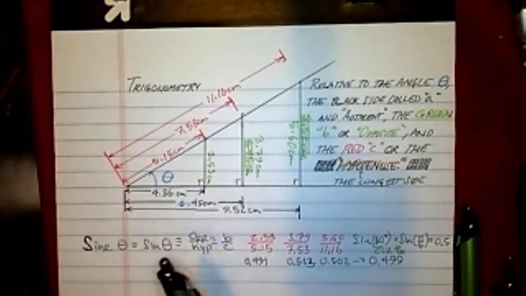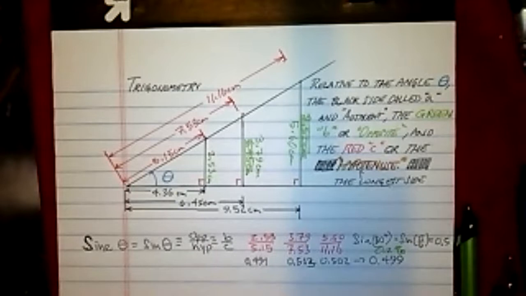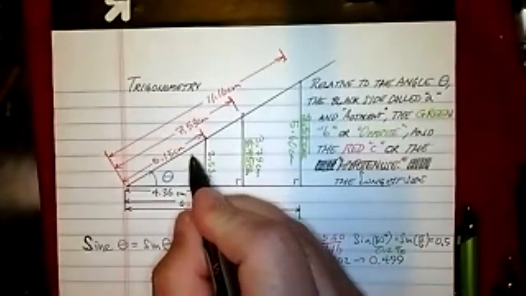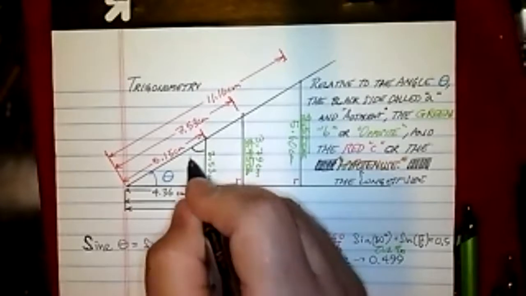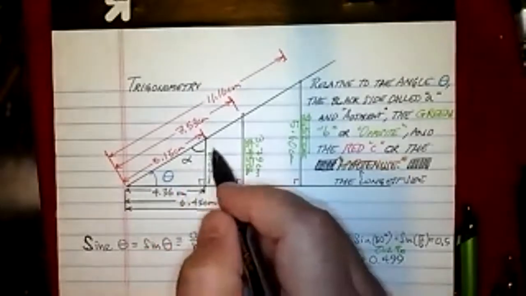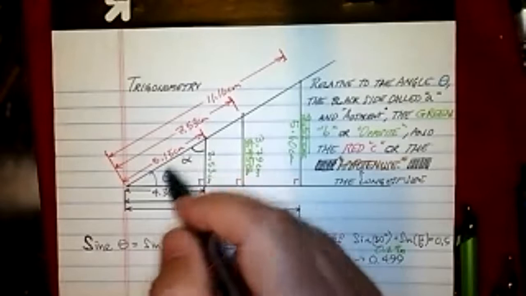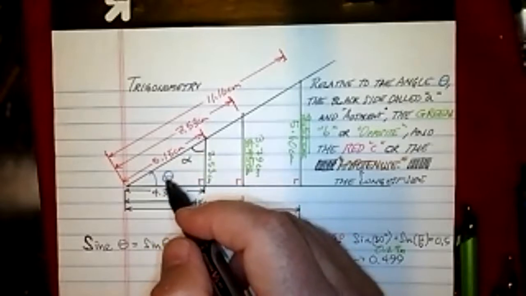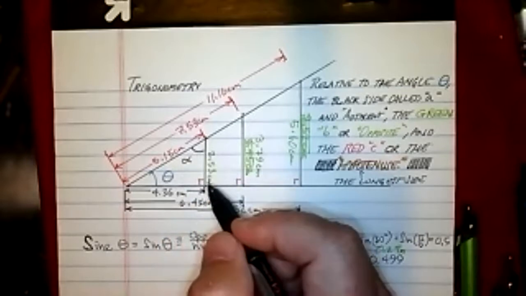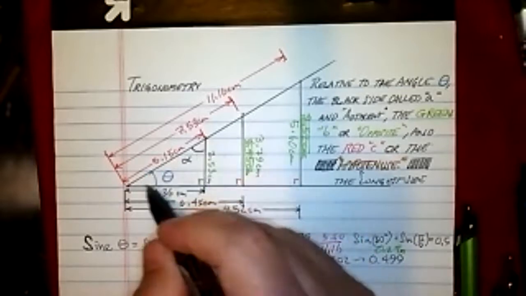Now, the next one I'm going to do is adjacent over hypotenuse. And oddly enough, if you look at this angle over here, let's say we call it alpha, that angle and this angle are complementary angles. Complementary means that they add to give you 90 degrees, and you probably already knew that because the total triangle has to have 180.